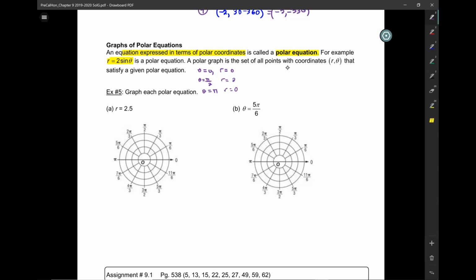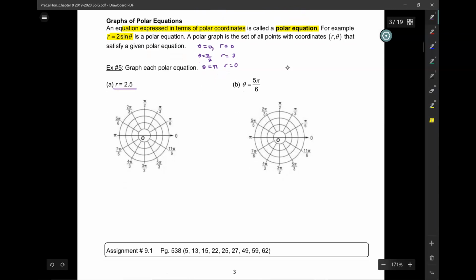Now we need to graph these two. I want to graph each polar equation, so why don't we just pick points? All right, let's plot a point here. It says r is 2.5. From the origin, I'm going to go 2.5. Is there another location where I could graph that, like I could put a point for r equals 2.5? What about at pi over 2? 1, 2, 2.5.